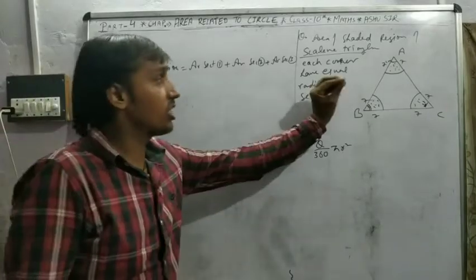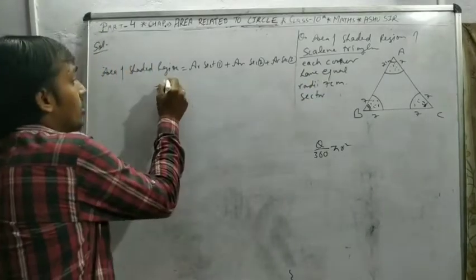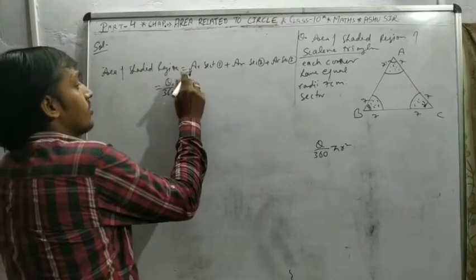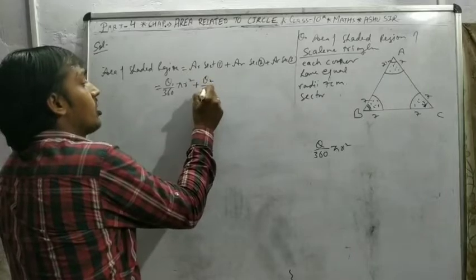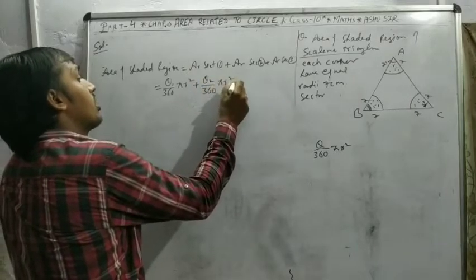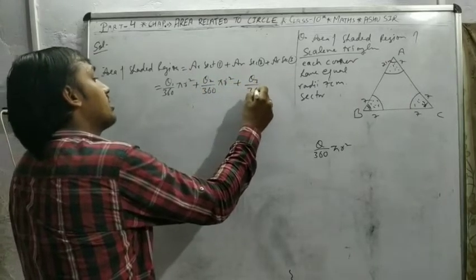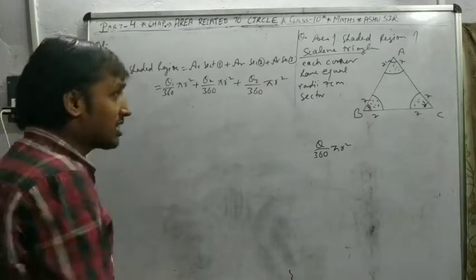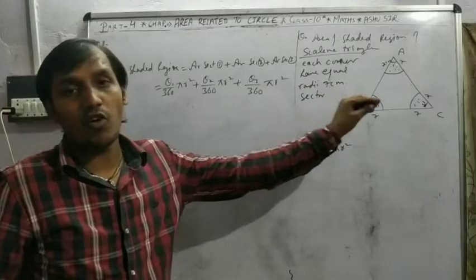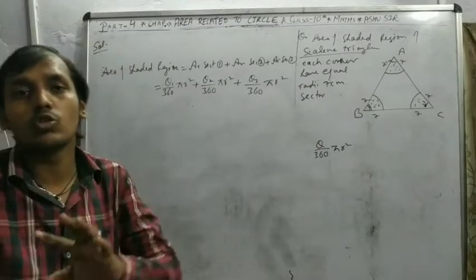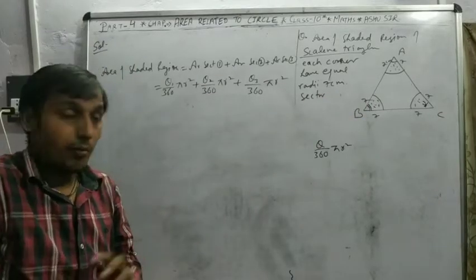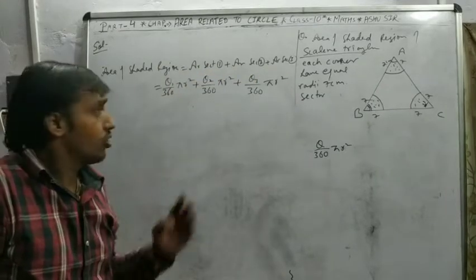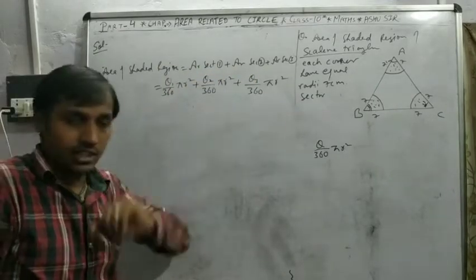So don't put a 60 degree angle. Put the formula: theta 1 by 360 pi r square, theta 2 by 360 pi r square, theta 3 by 360 pi r square. Even if you cannot find each sector separately, form the formula as the sum of all three sectors.